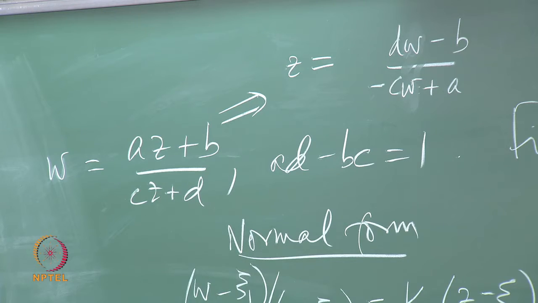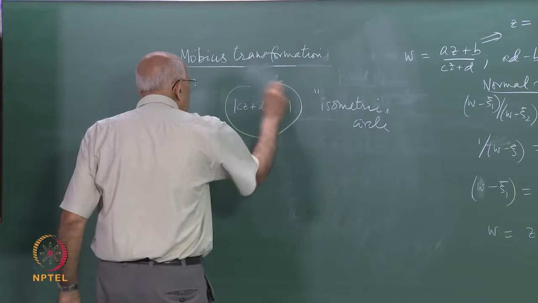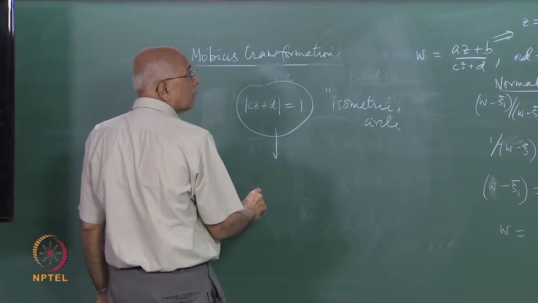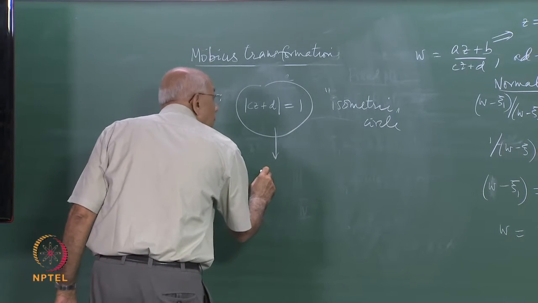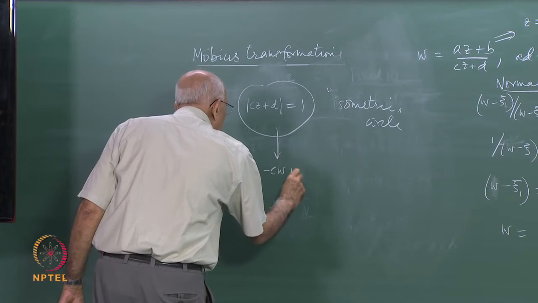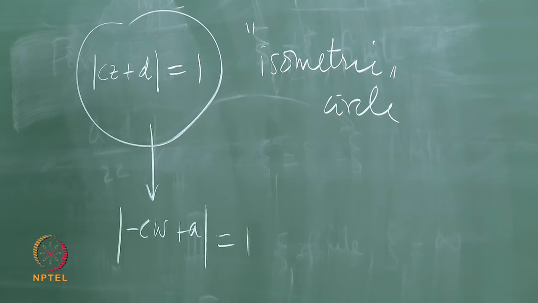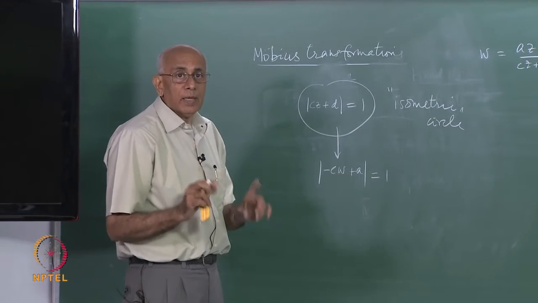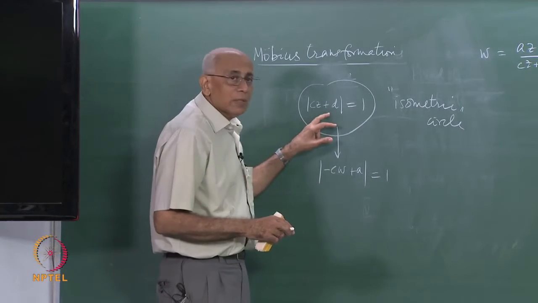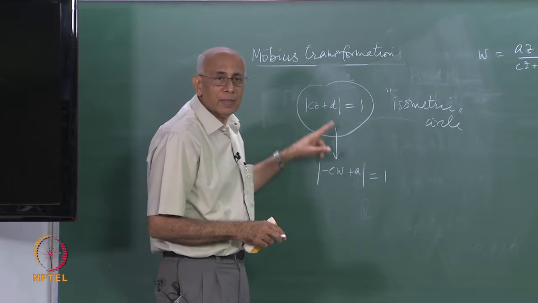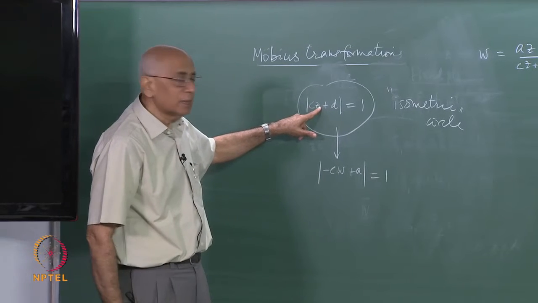So this circle is mapped under the transformation to the circle mod minus cW plus a equal to 1. You should not make the mistake of assuming that the center of this circle is mapped to the center of this. Where is the center of this circle mapped to?